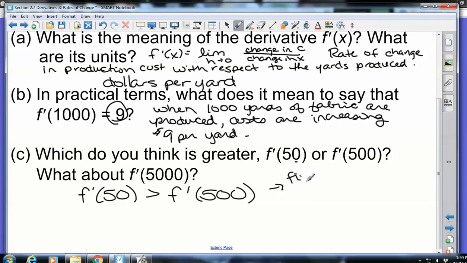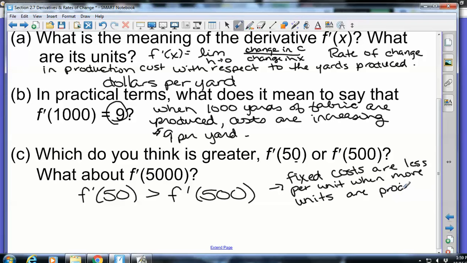If you want to write yourself a little explanation, if you look back at this: the more you produce, the more you have to divide your fixed costs over.